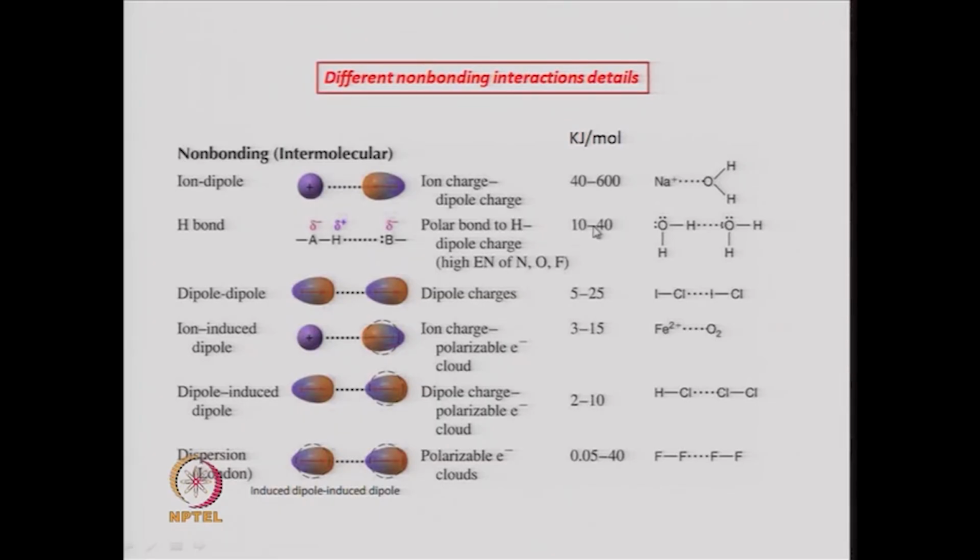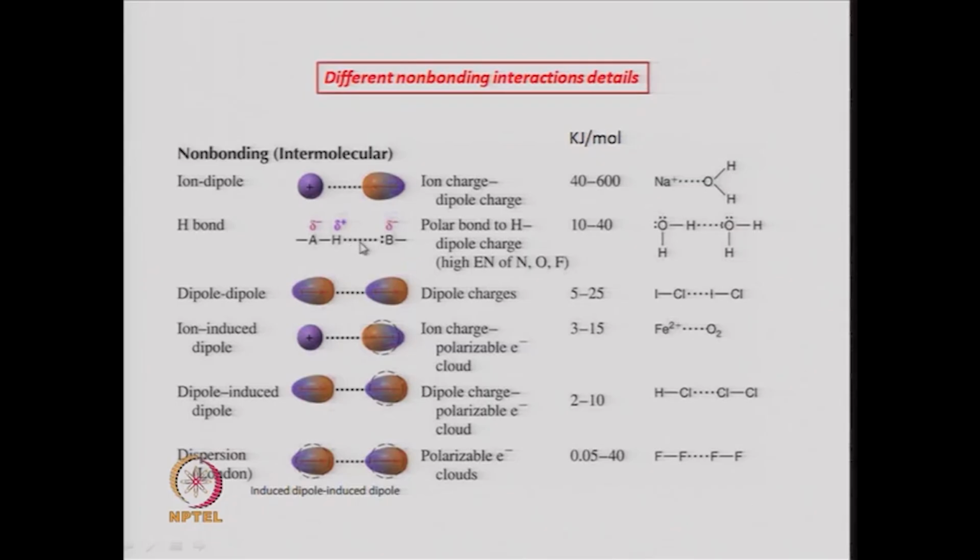Much weaker interaction is the hydrogen bond. The hydrogen bond is when you have a hydrogen between two electronegative elements. For example, A is electronegative, so it will have a delta negative charge, and it is covalently bonded to hydrogen, and when this species is close to another ion which has a delta negative charge, then this delta negative charge and the delta positive charge on hydrogen will interact.